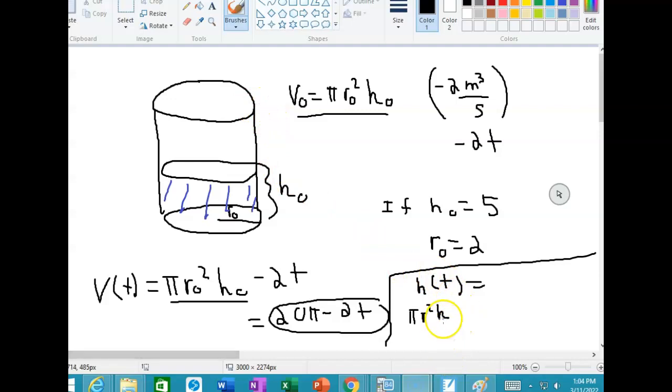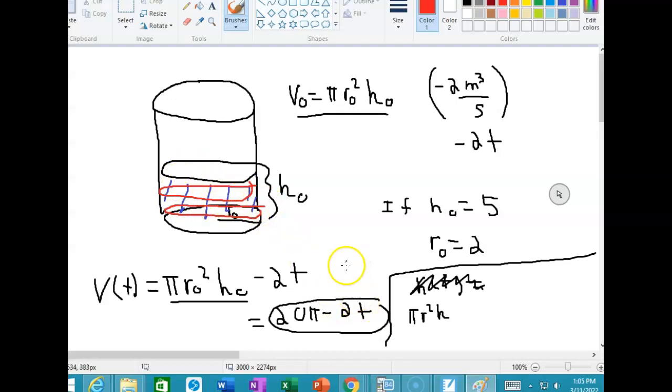In pi r squared h, h is a variable. So let's say I wanted to solve for the height in terms of time. You want to be visualizing this, imagining this volume going down. So after a second, maybe you're here. After another second, maybe you're here, et cetera.